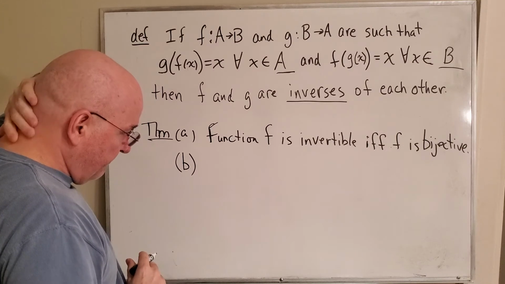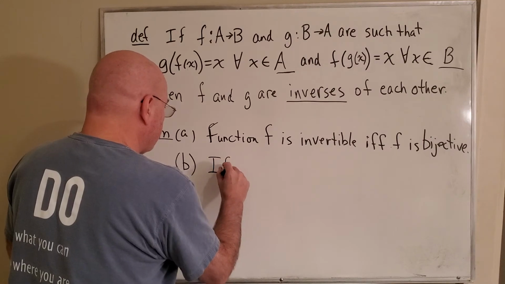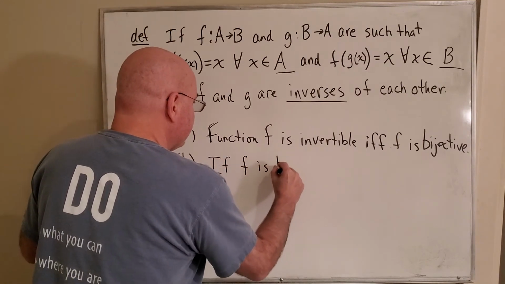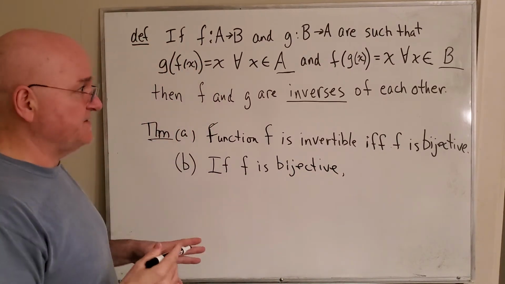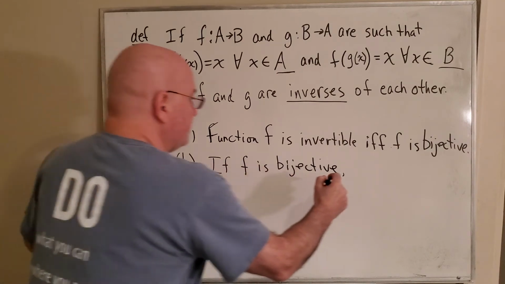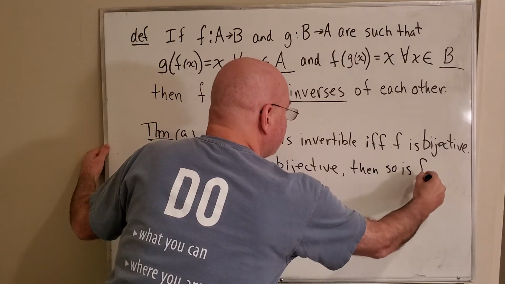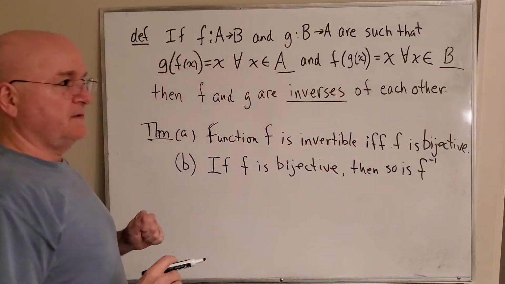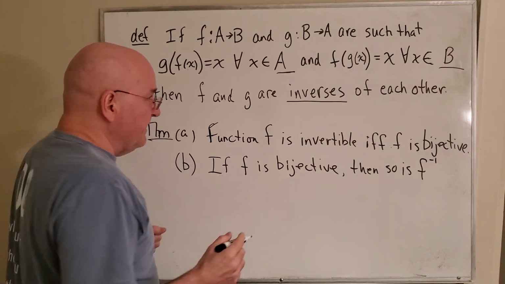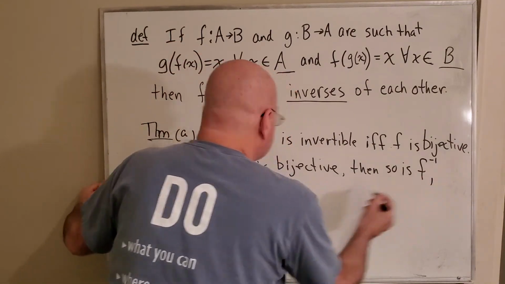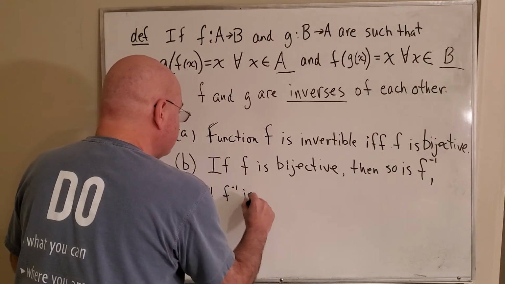And theorem, the B part of that, says that if f is bijective, well, we know if it's bijective, it has an inverse. If f is bijective, then so is f inverse. So if f is bijective, f inverse is bijective. And f inverse is unique.